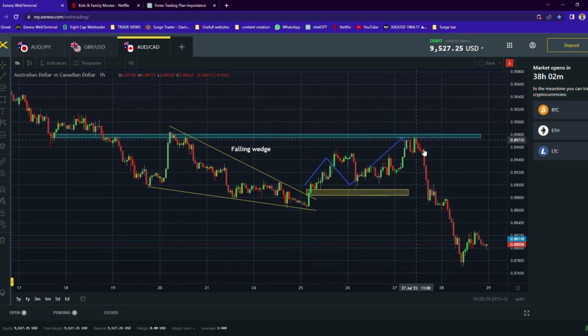It created another rejection to the downside, so you could have got this entry from the falling wedge and this sell entry from the sell zone right there, and it created one of the best setups for the week in AUD CAD. It created a very good 150 pips for AUD CAD on the bearish side.